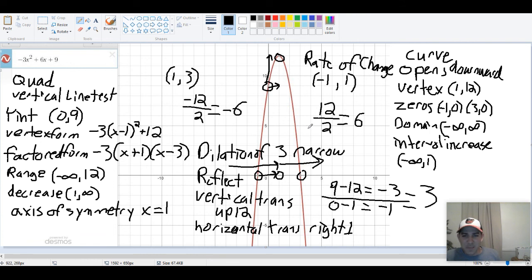Oh no, we're running out of space. What is left? What haven't I said? It has an absolute maximum. Oh, I said that one already. I'm running out.